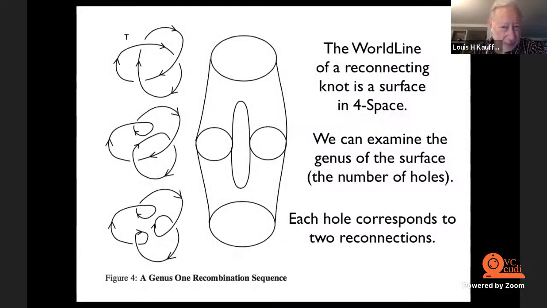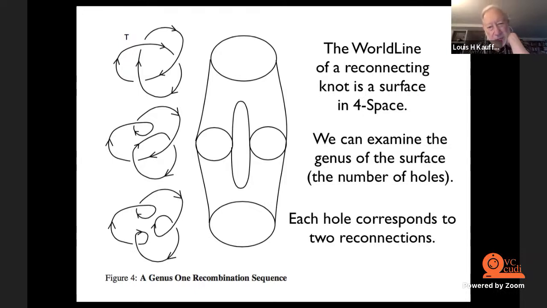So for example, in the case of the trefoil, we went through one saddle point and ended up with a link of 2 components. And then we rejoined them with another saddle point and ended up back at a single curve, which was unknotted. The surface that was traced in 4-space was a genus 1 surface. It's a torus.